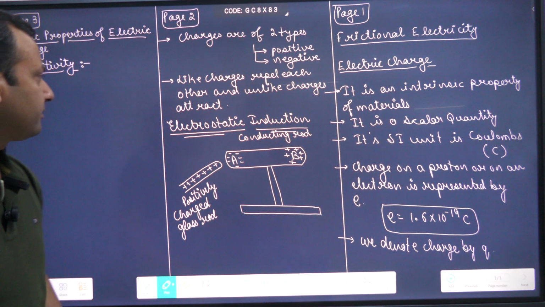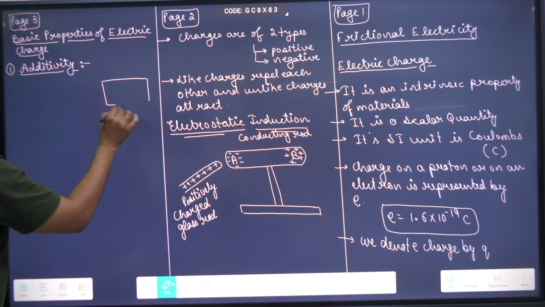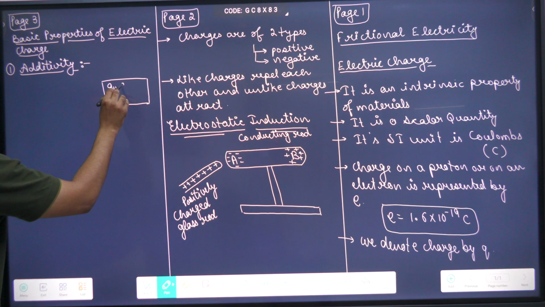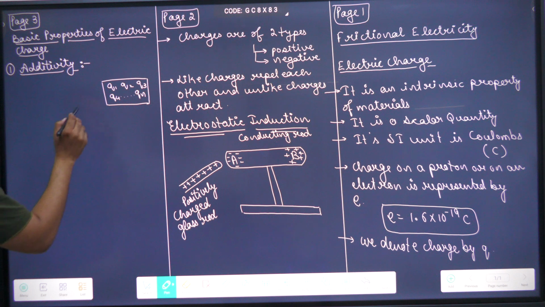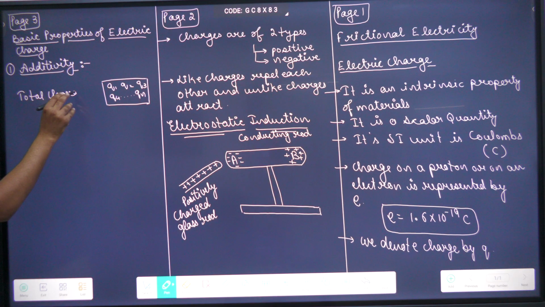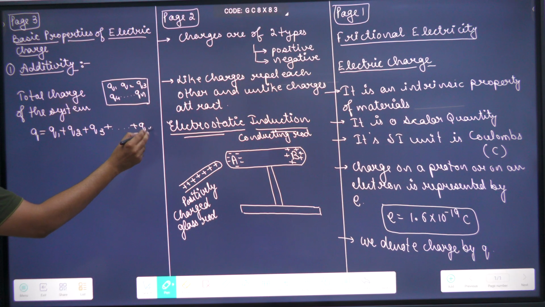Now look, if I have a little box, and in that box there are so many charges like Q1, Q2, Q3, Q4, till Qn, then the total charge of the system Q will be equal to the sum of all these charges, Q1 plus Q2 plus Q3 dot dot dot till Qn.